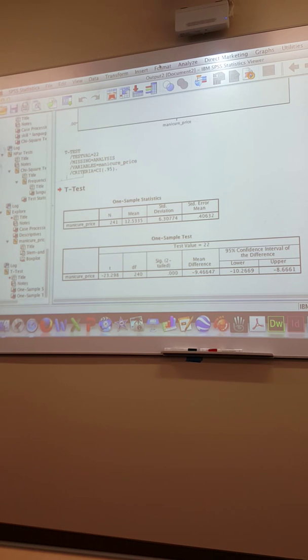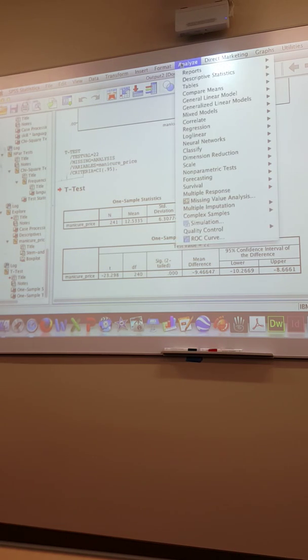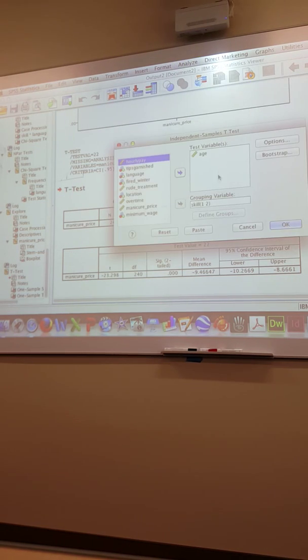And do workers who get minimum wage or more work in salons that have higher prices? What test? Independent sample. And what's our grouping variable? Minimum wage. Do they get minimum wage or higher, or do they not?